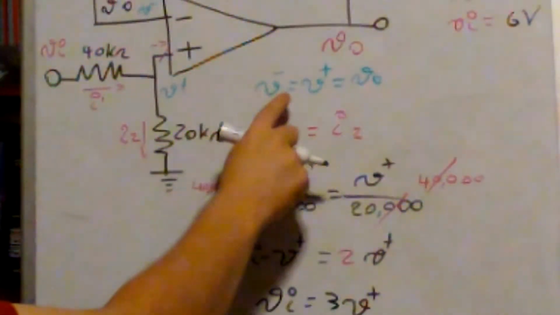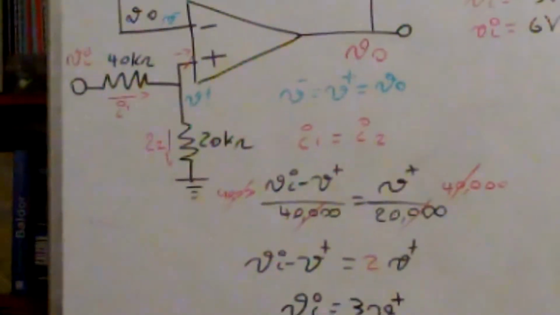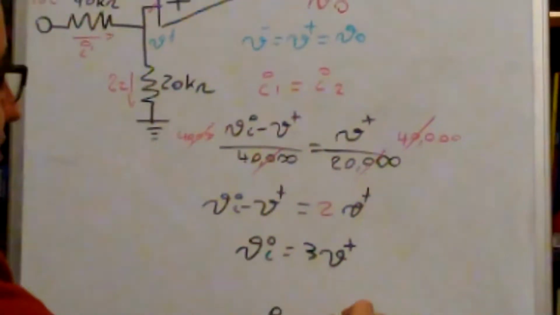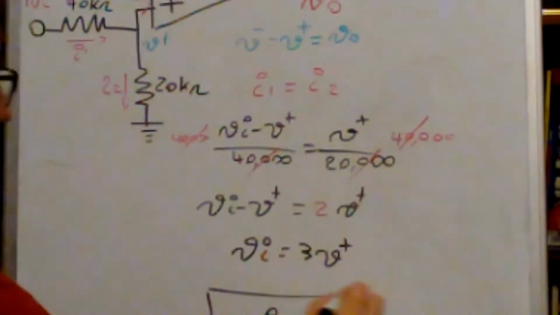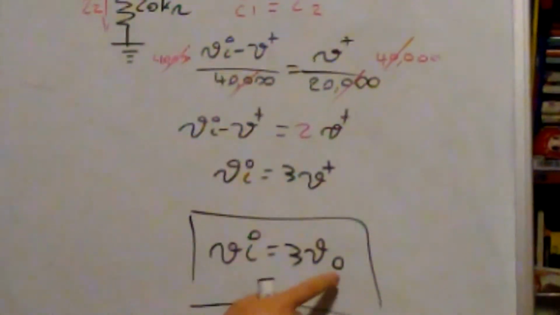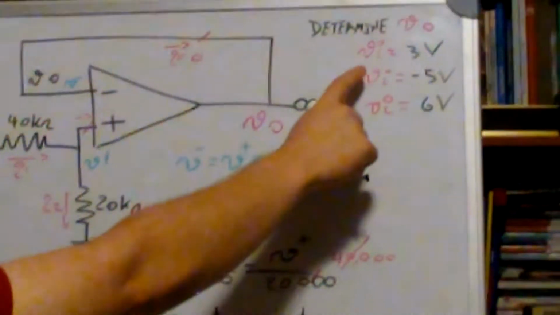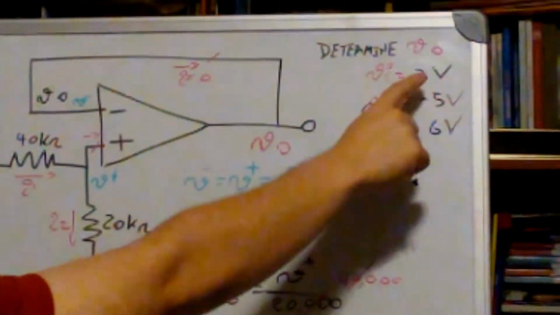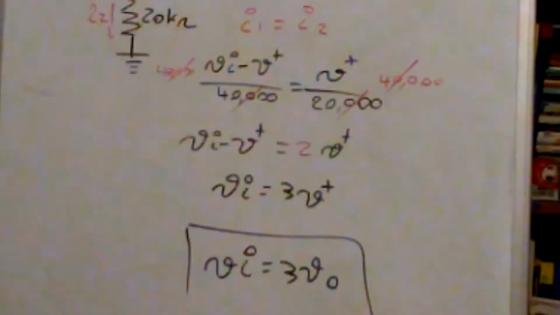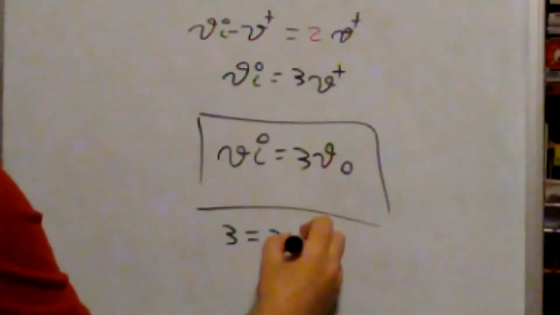And we know that V minus is equal to V plus, equal to Vout. So we actually have that Vi is equal to 3 Vout. And this is the relation between the input voltage and the output voltage. Now we have 3 different cases. Let's say if Vi is equal to 3 volts, for that case, 3 is equal to 3 Vout.